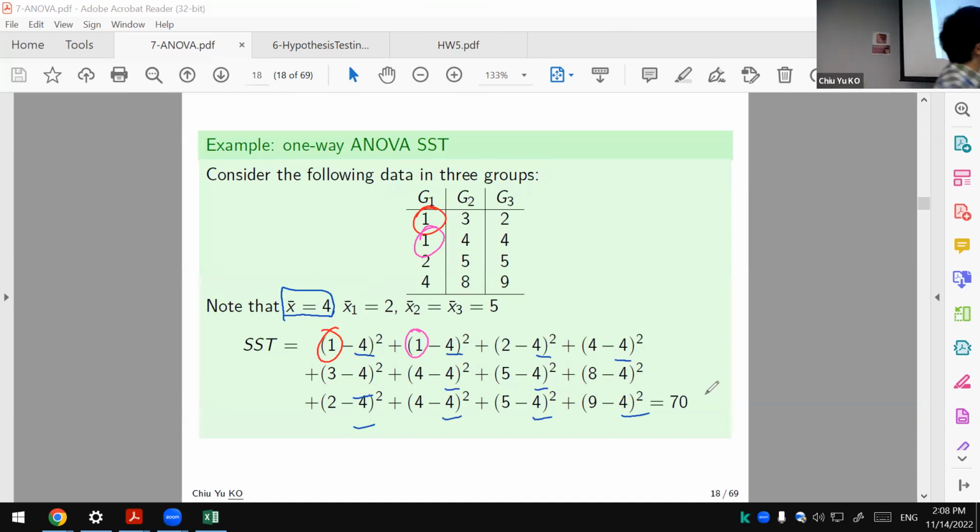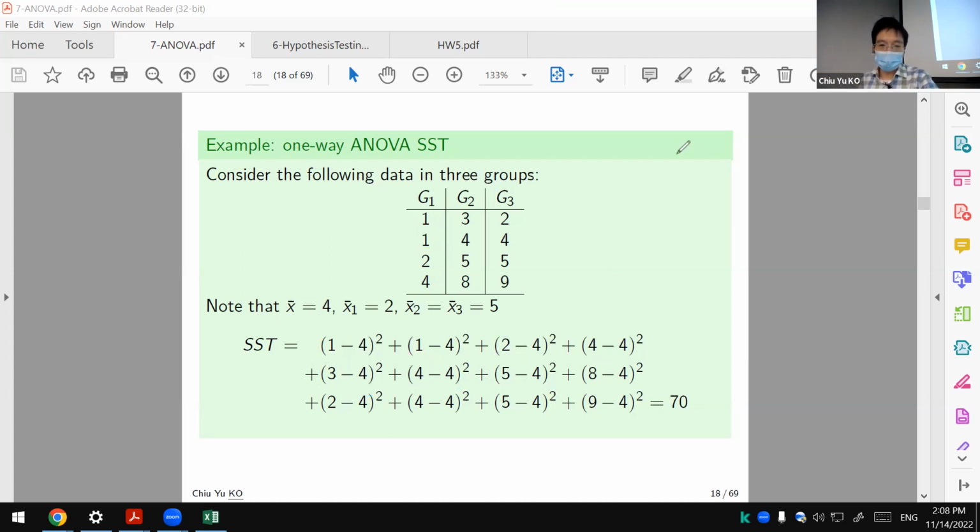Is that okay? I'm not going to do this one by one. And I remind you that you never do this in real life, because the computer gives you everything like this. You just need to know what SST is.